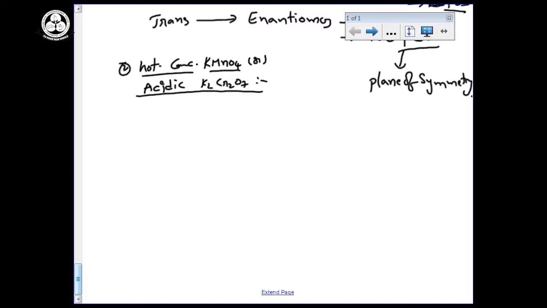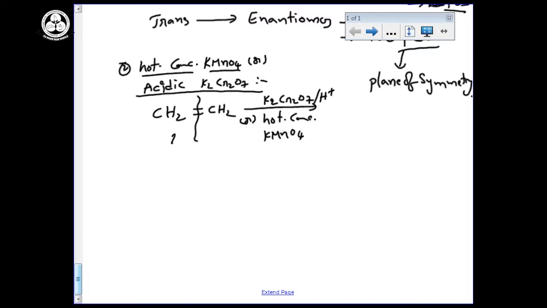Previously, how you were doing ozonolysis, we are doing the same, CH2 double bond CH2. If you are using these reagents like K2Cr2O7 in acidic medium H+, or hot concentrated KMnO4, strong oxidizing agent, no? Strong oxidizing agent means break up to here, add 2 oxygens this side and 2 oxygens this side.